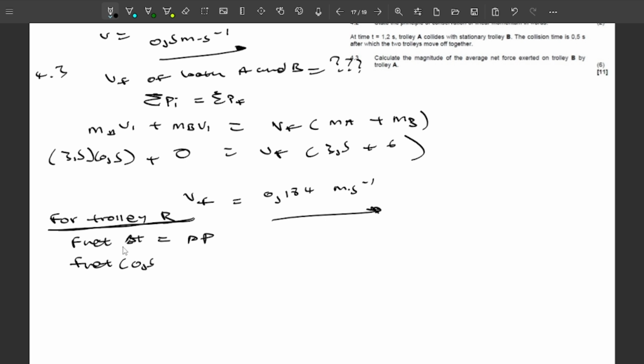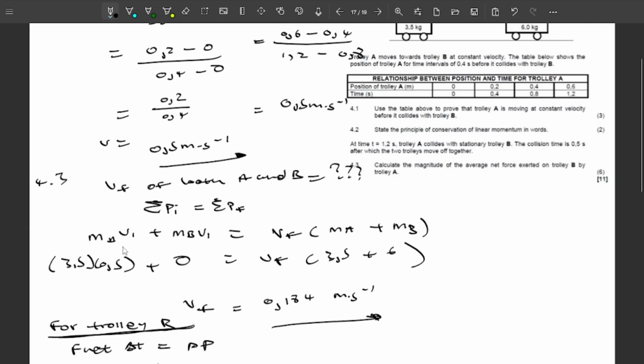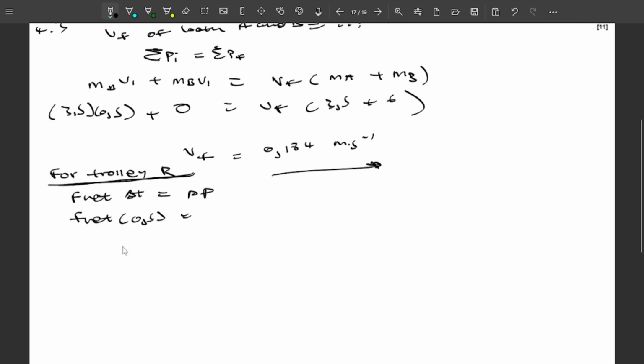So it's 0.5, and the change in P, we know that they shared the same velocity, both blocks, but then we focus on trolley B. So we're going to write the mass and the velocities. Now remember, this is changing M, so it's M times the change in V. Now I'm looking for the change in velocity. I know that the initial was 0, but the final was 0.184.